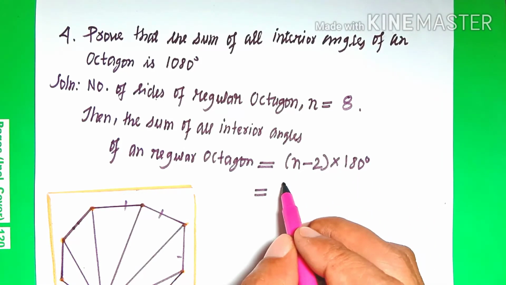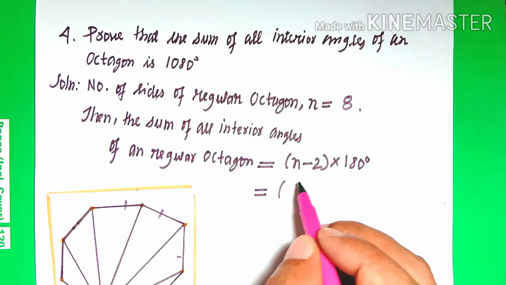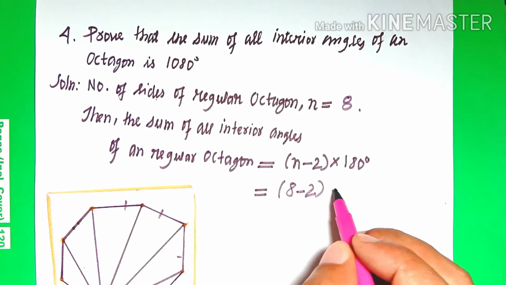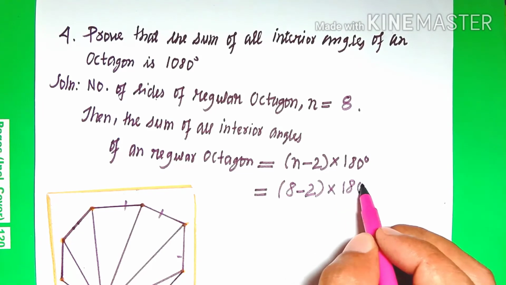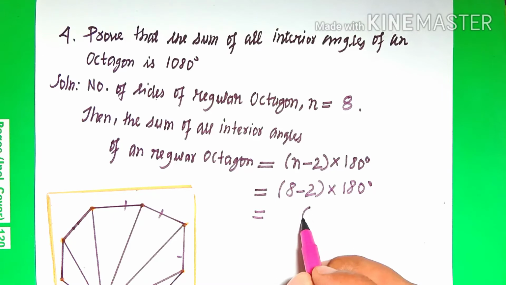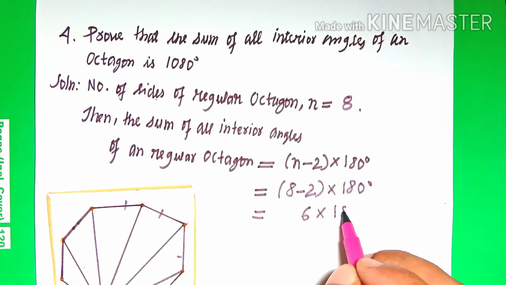Here n means the number of sides, which we already know is 8, so (8 minus 2) into 180 degrees, which is equal to 6 into 180.